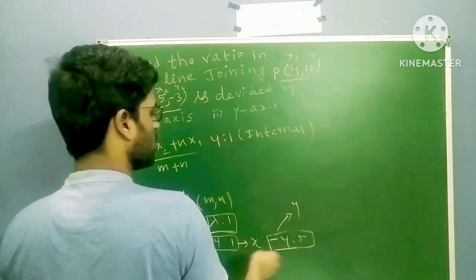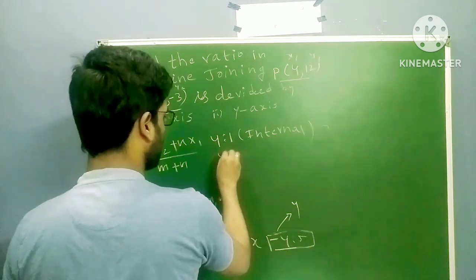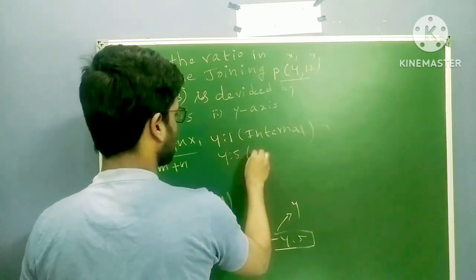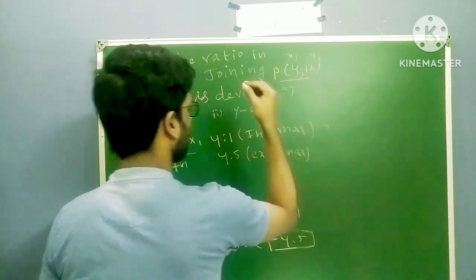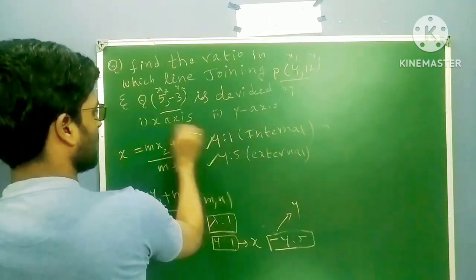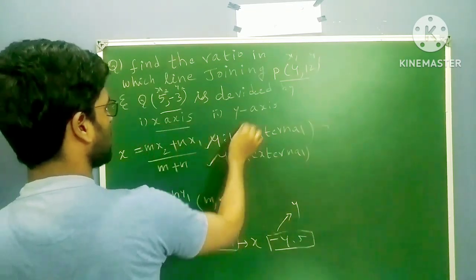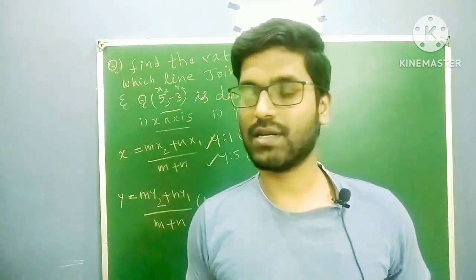For the y-axis you got a minus sign. Whenever you have the minus sign, you represent 4:5 as external. That's all. So the first one is 4:1, the second is 4:5. By the x-axis 4:1, by the y-axis 4:5. This is how you have to do this type of question. Thank you so much.